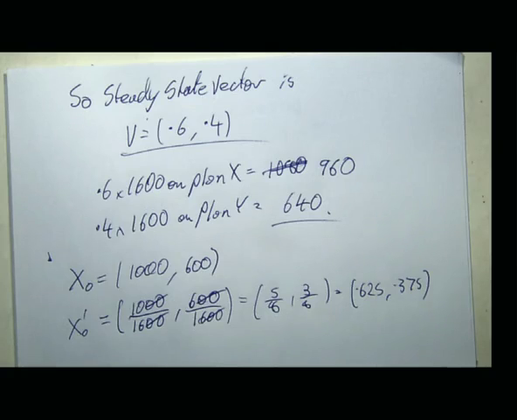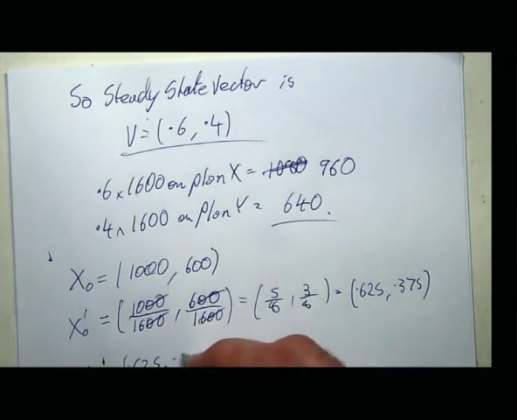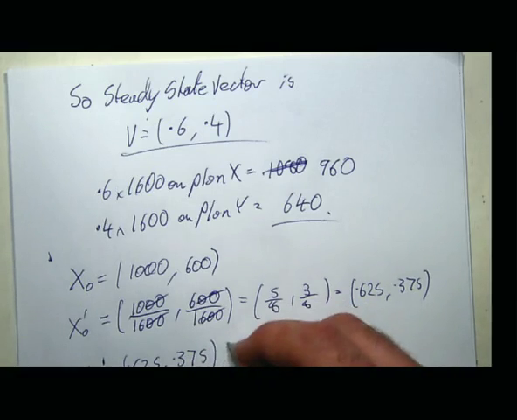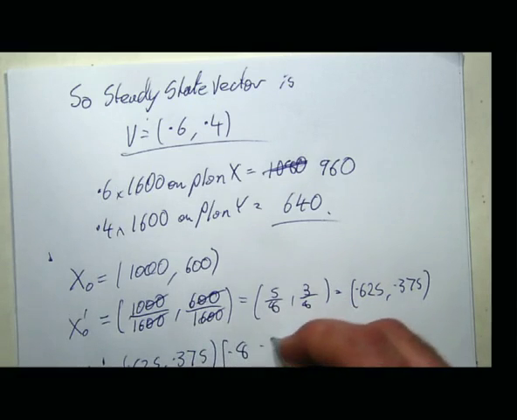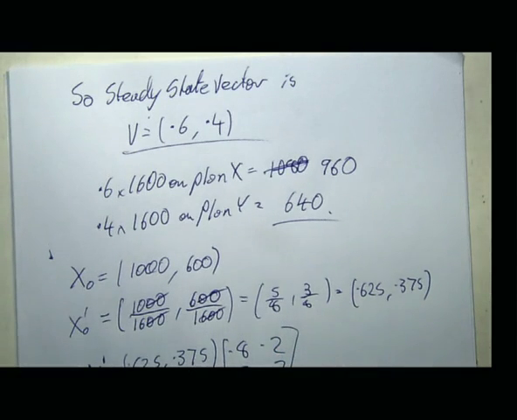Okay, so if I'd done that with this, my x1 prime would be equal to 0.625 and 0.375 times the matrix 0.8, 0.2, 0.3, 0.7. I'm going to revert back to the fractional form because it's going to be a whole lot easier to work out.